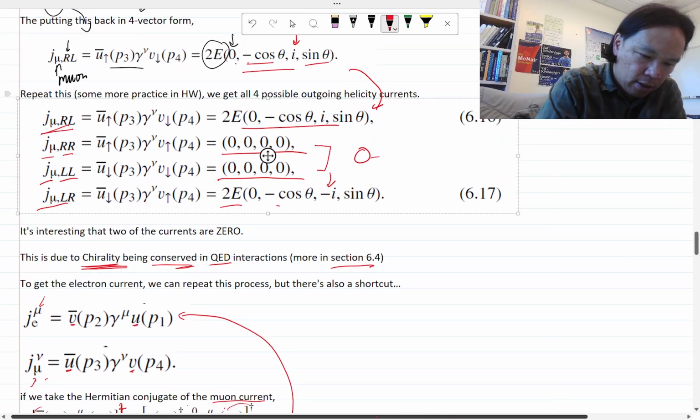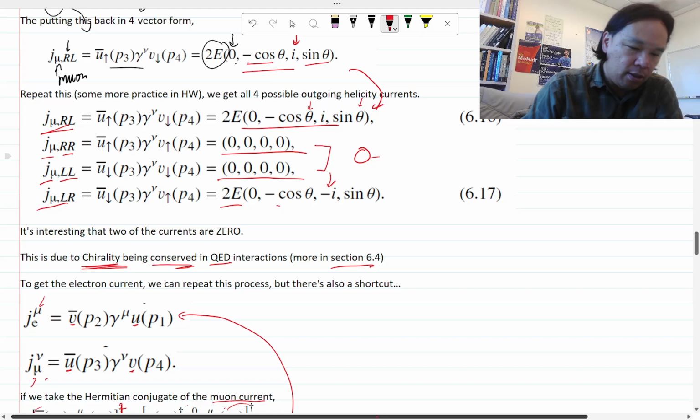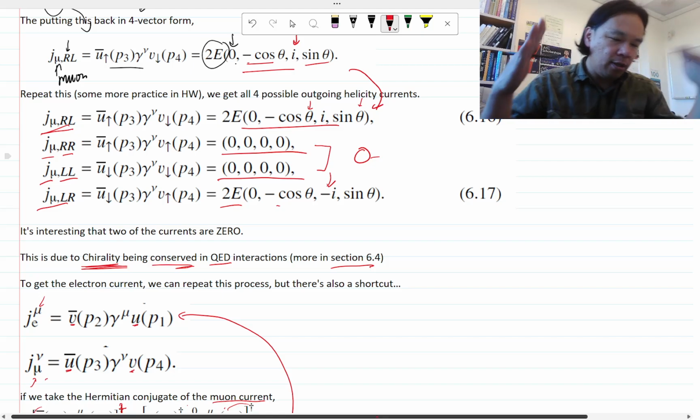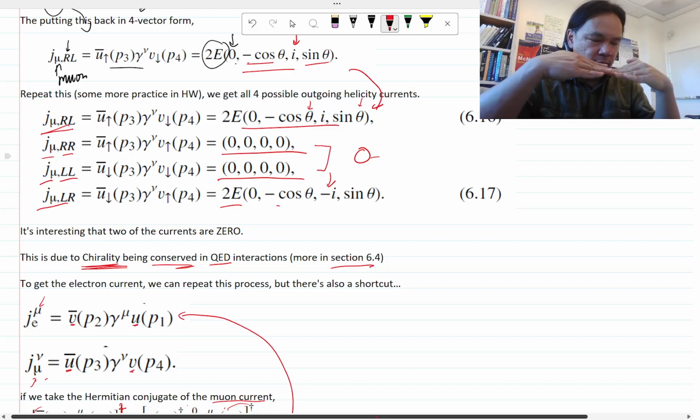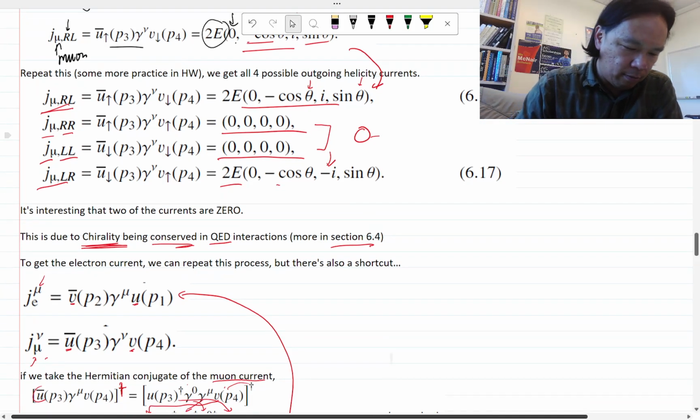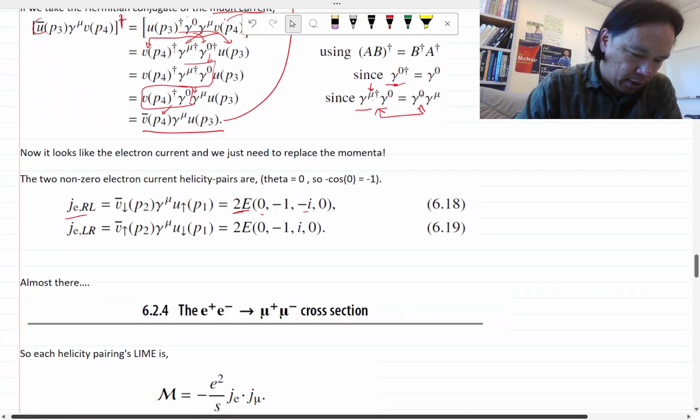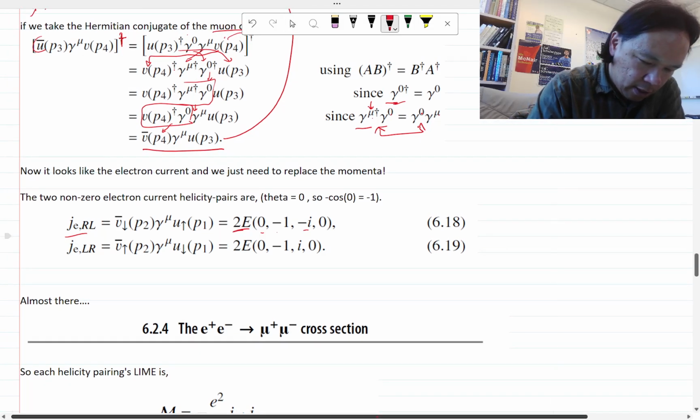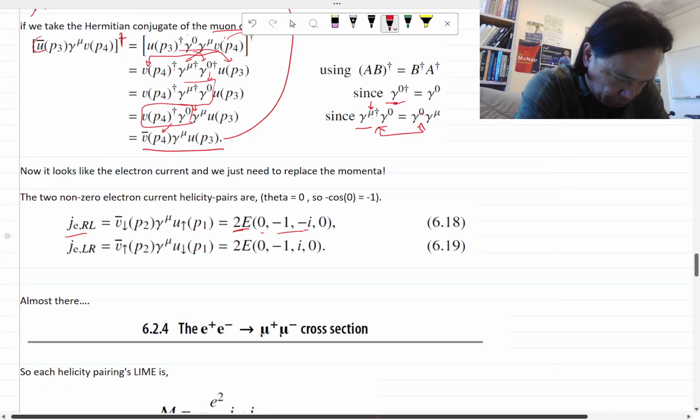The one up here. Because in the incoming particle case, the incoming electron, theta is equal to 0. For the incoming anti-electron, the positron, theta is equal to pi. So you can actually put in the values for these.